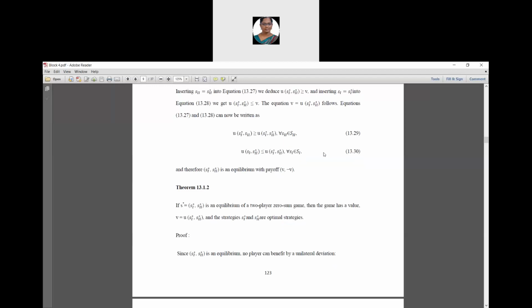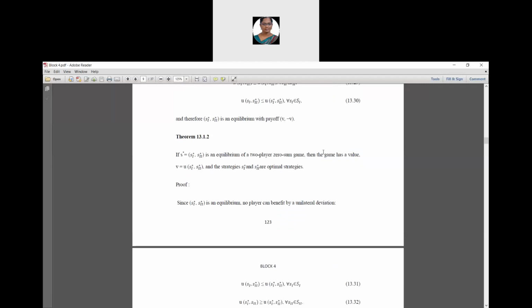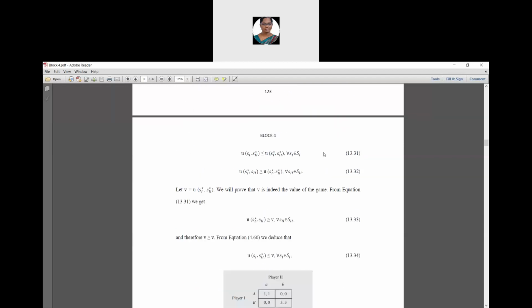Since, what is given in the problem, S1 star and S2 star is an equilibrium. It is the proof for the last theorem, and no player can benefit by a unilateral deviation. So it is given by U of S1 comma S2 star less than or equal to U of S1 star comma S2 star for all S1 belongs to S1.